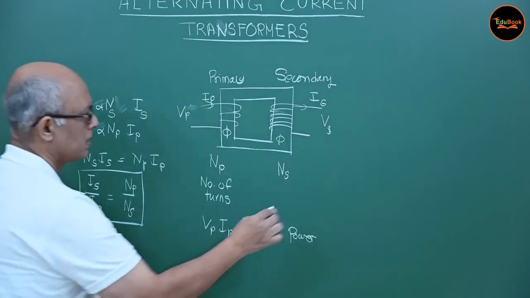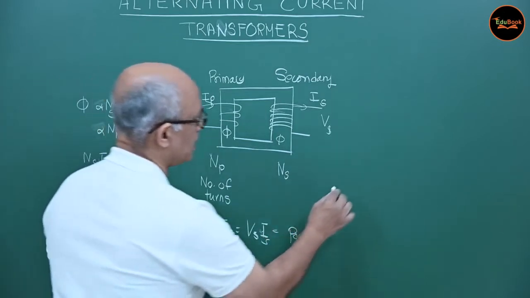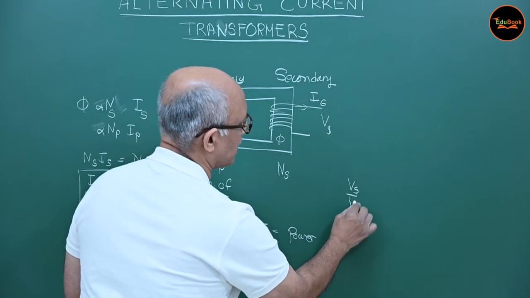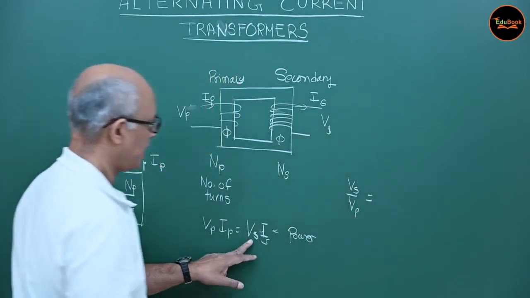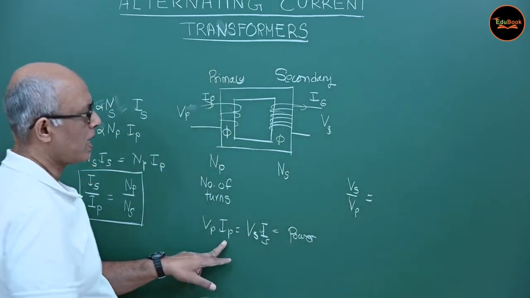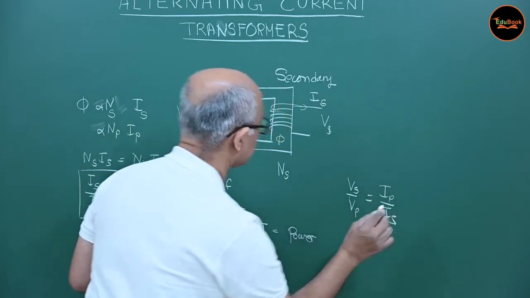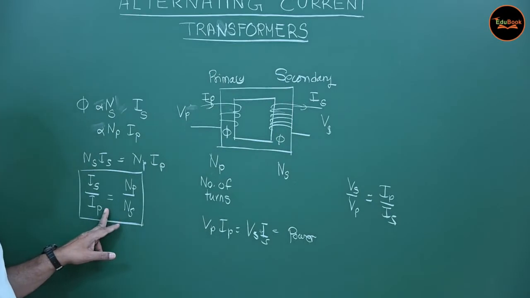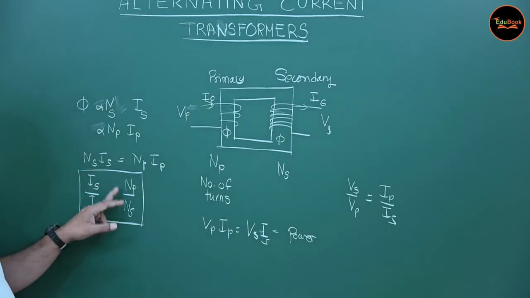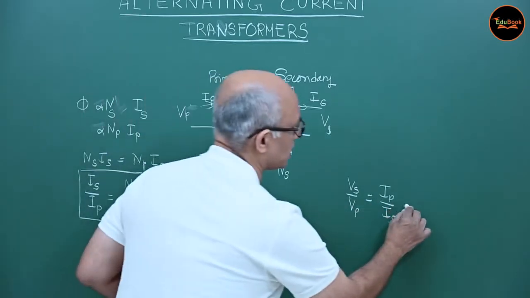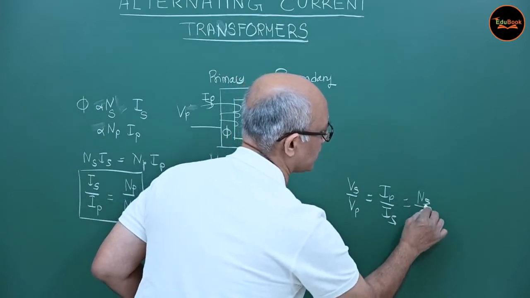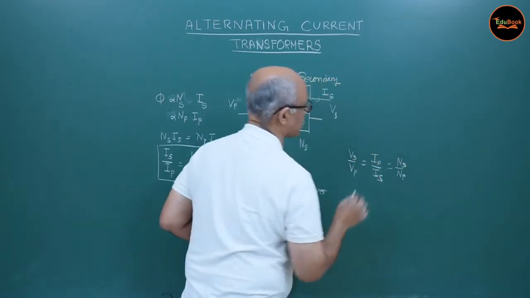In other words, from here we can write Vs upon Vp is equal to Ip upon Is. And we have already derived that Ip upon Is will be Ns upon Np. So that is equal to Ns upon Np.